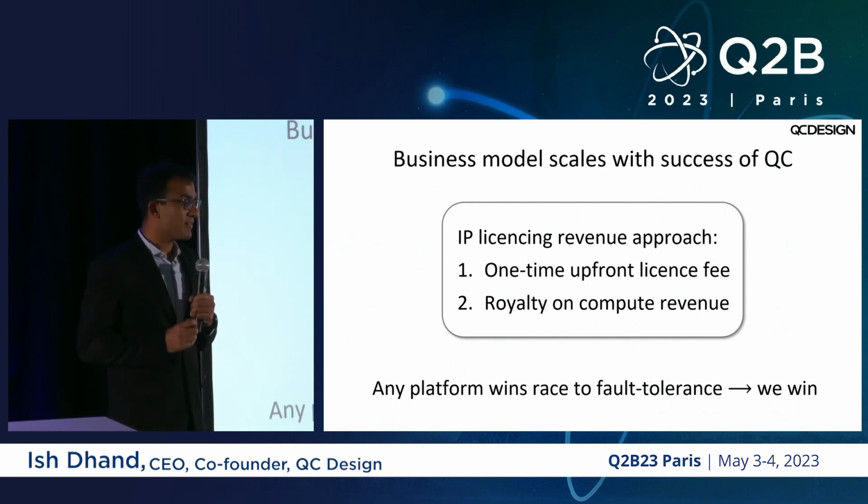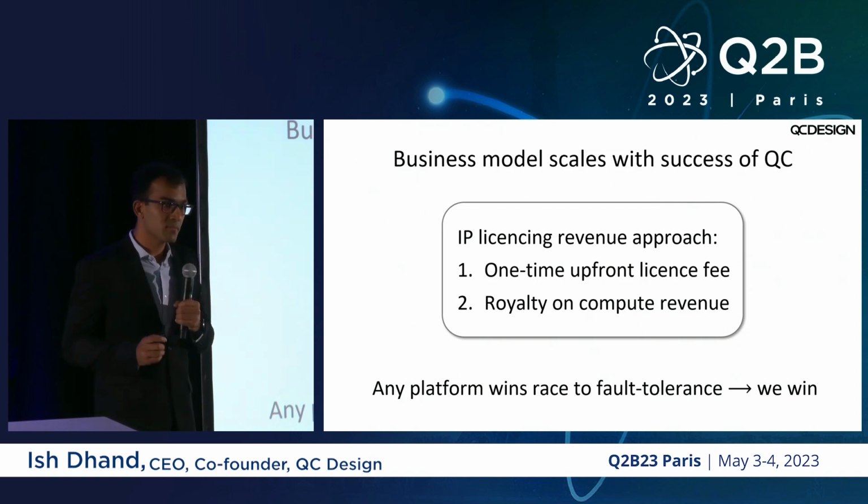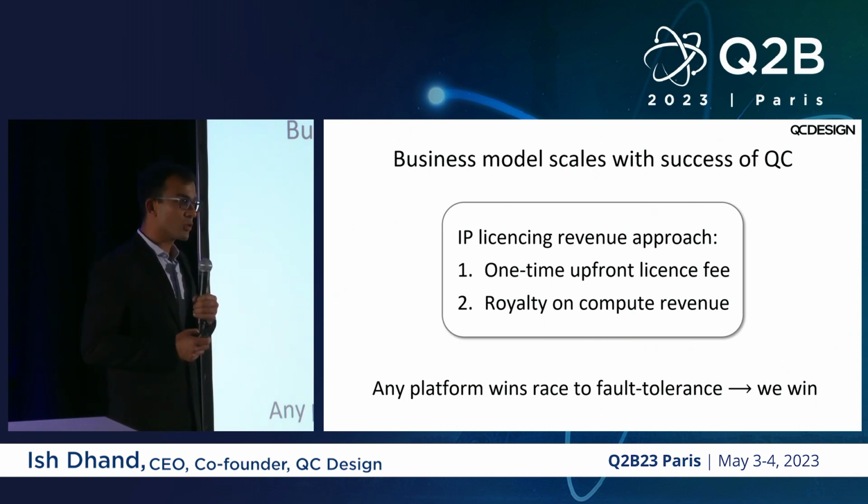The impact of our IP is made even more powerful because of our revenue approach that aligns well with the success of our customers. Customers can license IP with us for a one-time upfront license fee. This already provides access to a development roadmap and saves hardware time and effort.